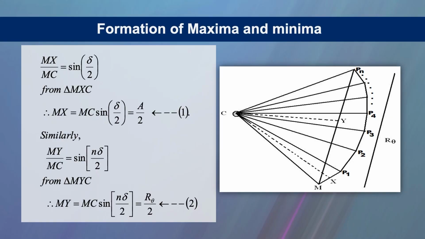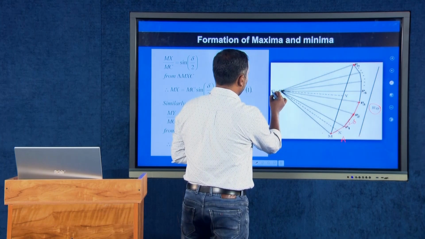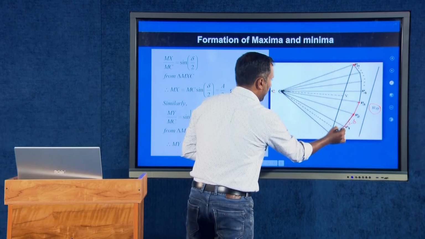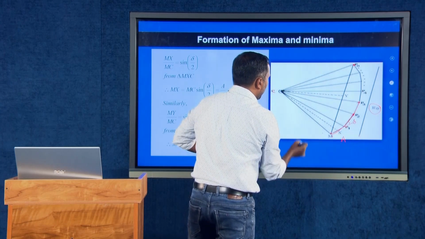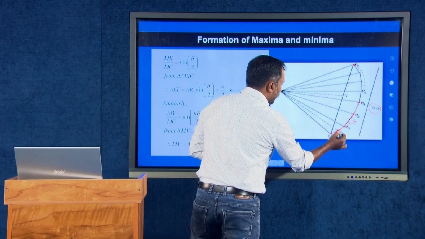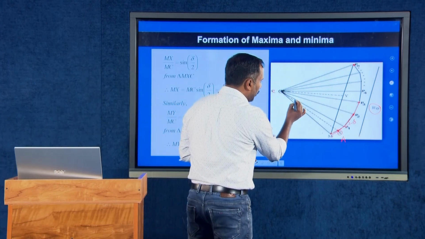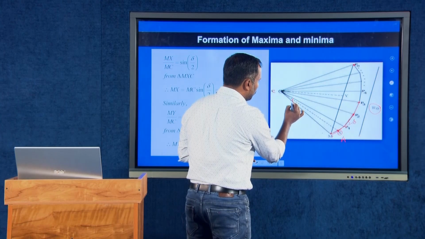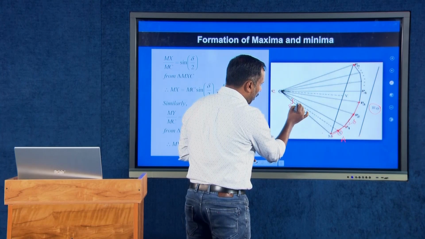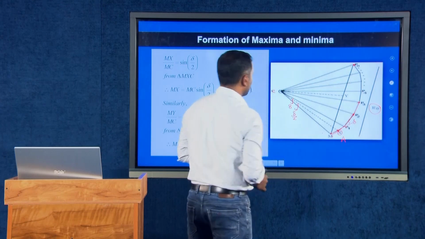Now, we are considering some geometrical construction here. First of all, we are considering a triangle here, MP1. This is a triangle, and I am just drawing a normal to the center here, and we get this point, which I am considering as X. You remember there is an angle between the first wave and the second wave, that is delta. So, half of that angle we can consider as delta by 2.